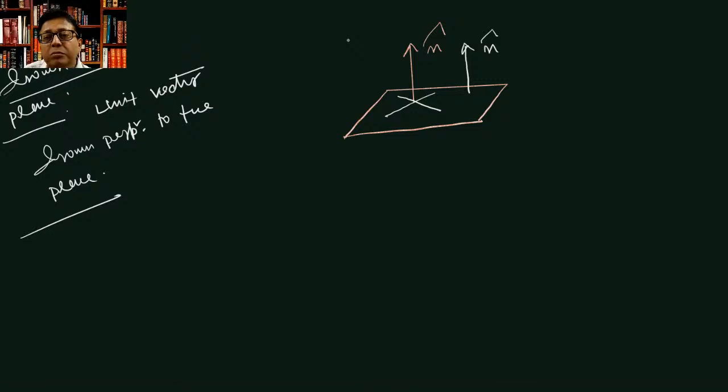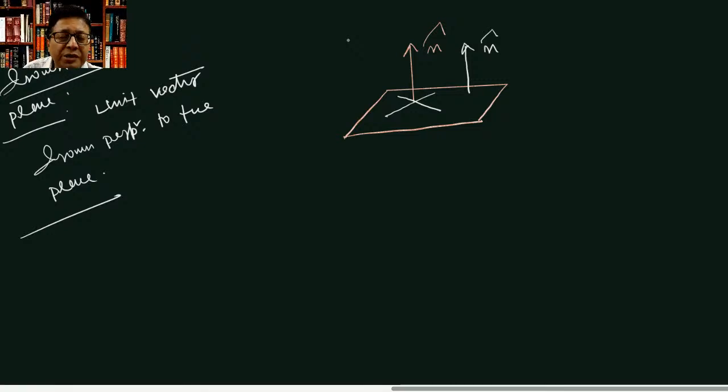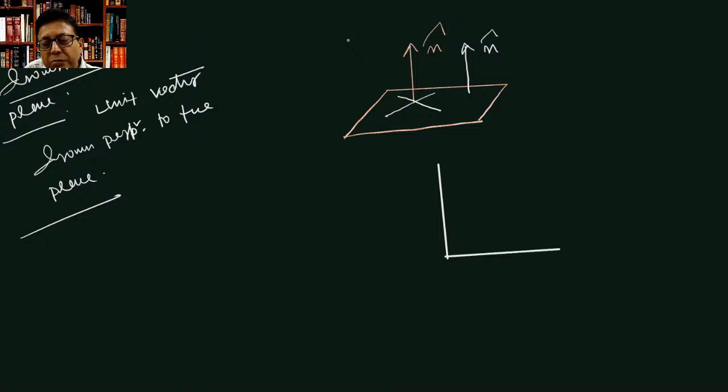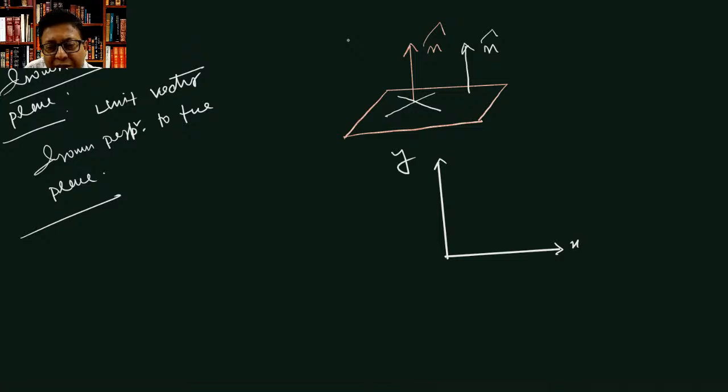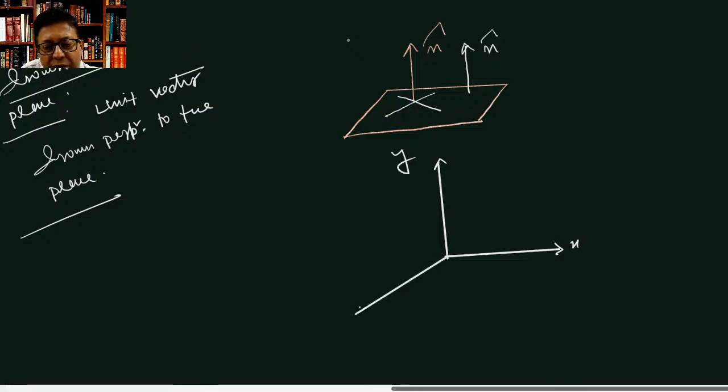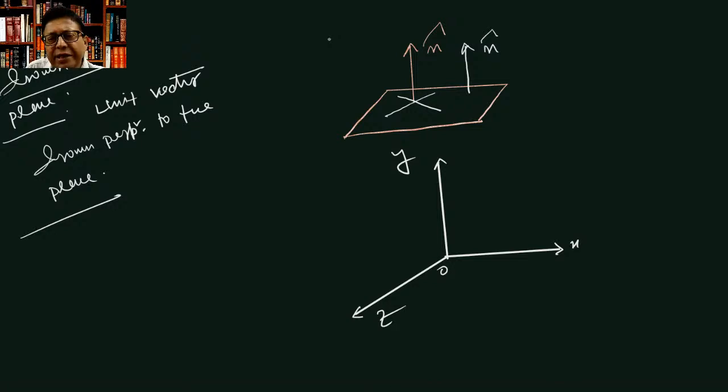Now, what will be the equation of this plane? Let me take a three-dimensional coordinate system. This is X, this is Y, and the Z axis is there. Okay? I am taking this plane here in this three-dimensional coordinate system, maybe directed in any manner.